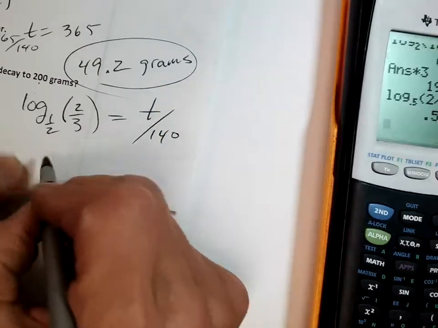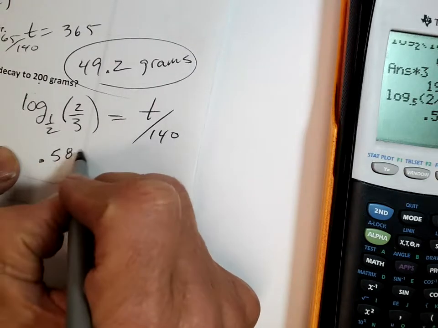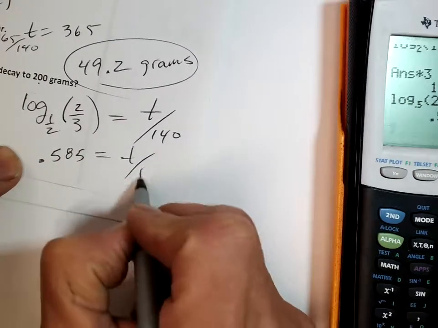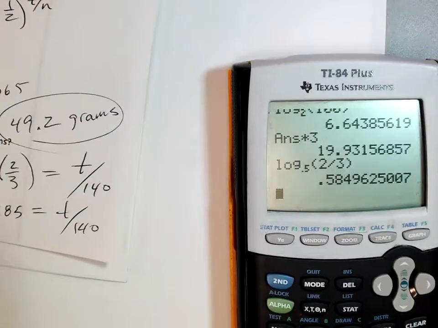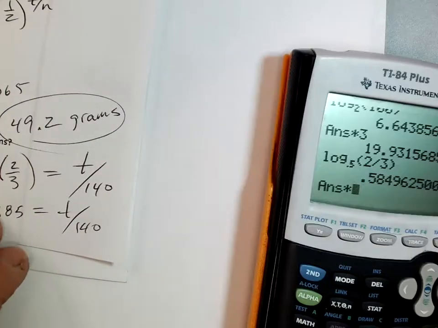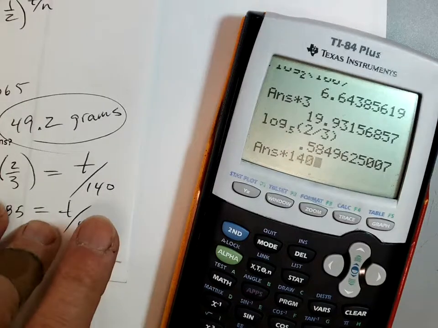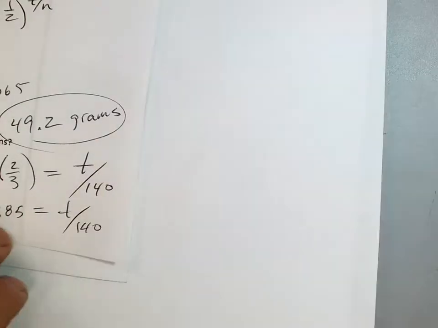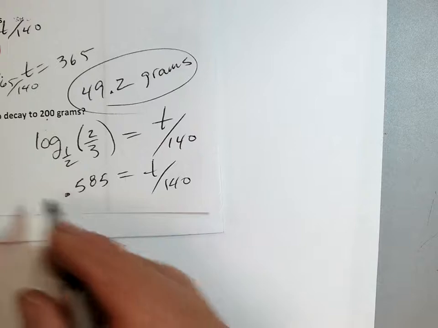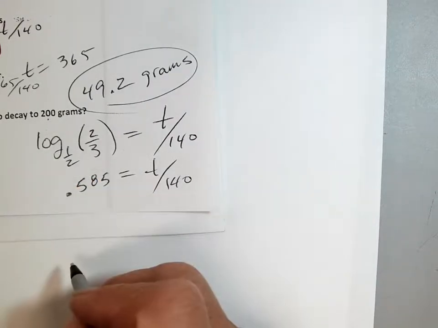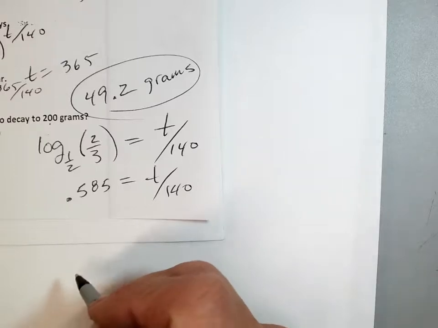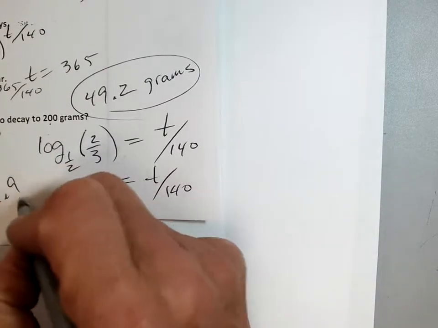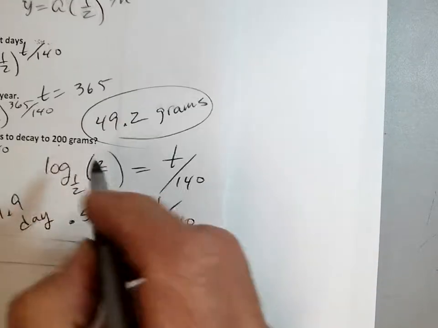Why was mine negative? I don't know. Then we multiply by 140, and I get an answer of about 81.9. And that's in terms of days, because it says days right there.